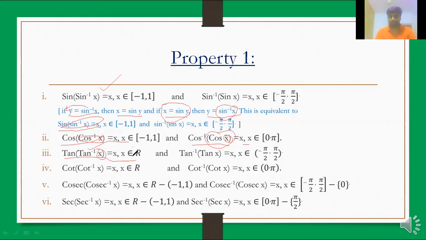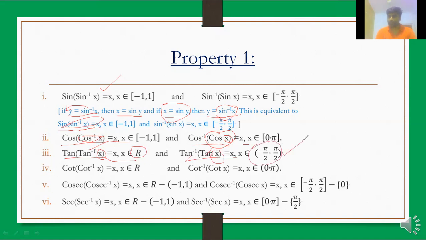Only then can we cancel tan and tan inverse. Here also, tan inverse of tan x, we can eliminate tan inverse tan, but we check whether x is in the domain, the open interval minus pi by 2 to plus pi by 2.